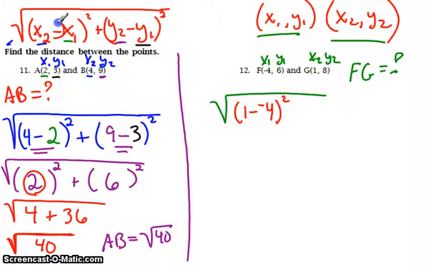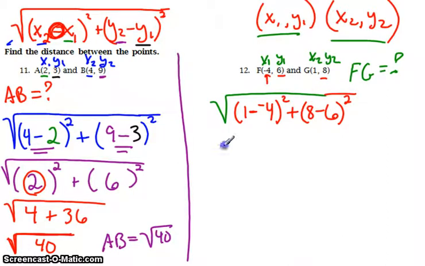This minus here must go into the problem. This is negative. You cannot just say that the minus will take care of that negative. It doesn't. You must include both the minus and the negative. So then the formula says plus y2, which in this case is 8, minus y1, which is 6, quantity squared.